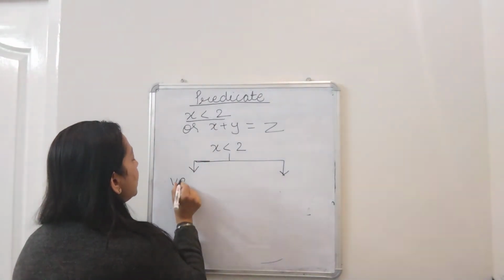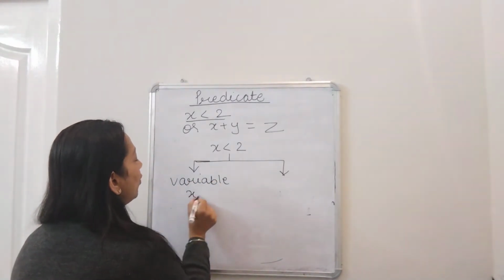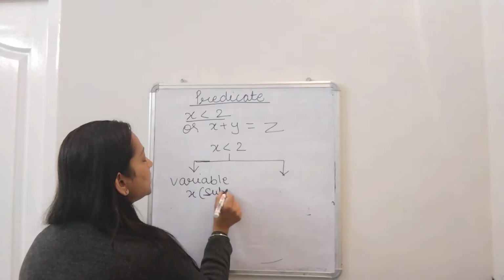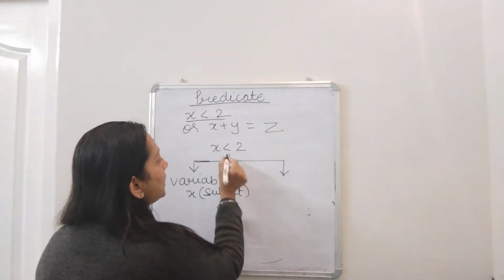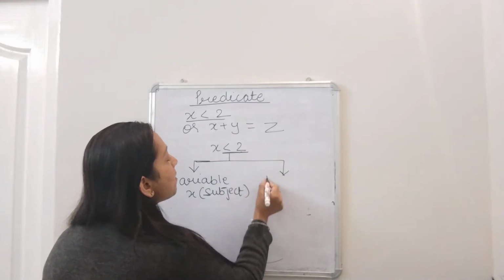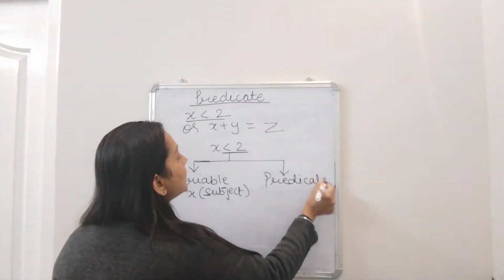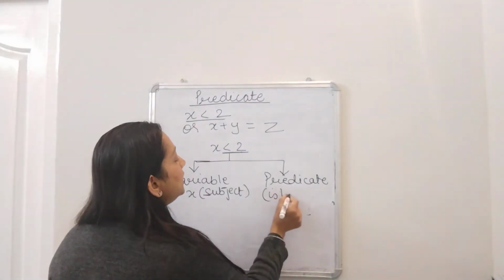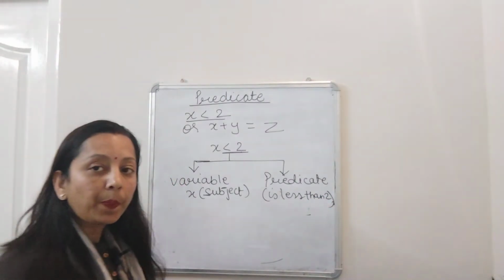Now, this statement x is less than 2 has two parts. One is the variable x, which is also known as the subject of the statement, and the second part is this predicate, which is the property of the variable x, which is less than 2.